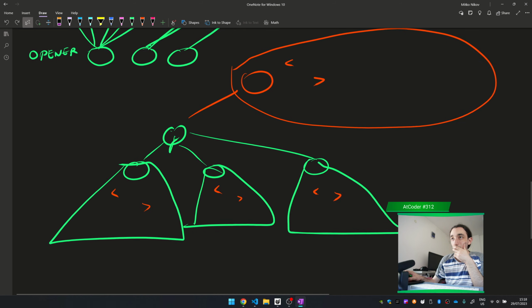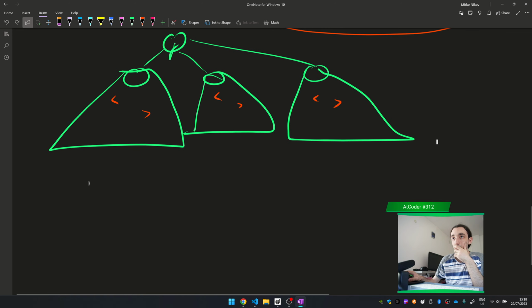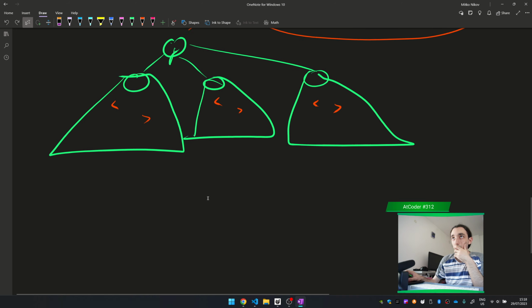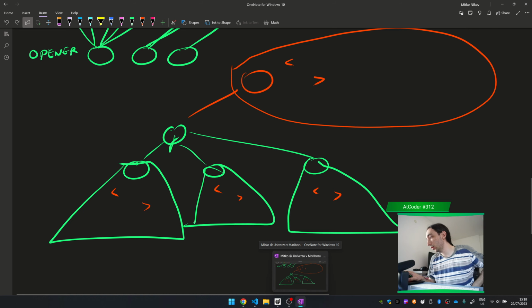So okay, in this subtree, we have some linearization, and then in this segment, how many numbers are smaller than j and how many numbers are bigger than j. This can be done in many ways.